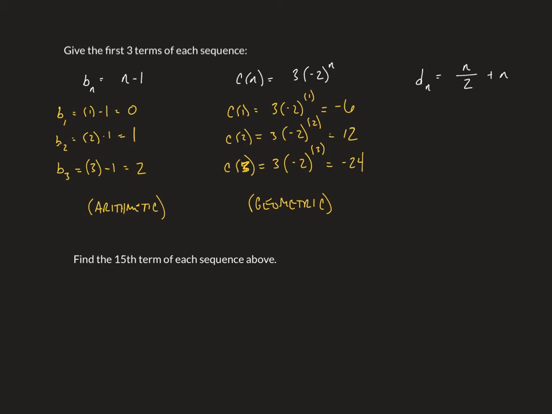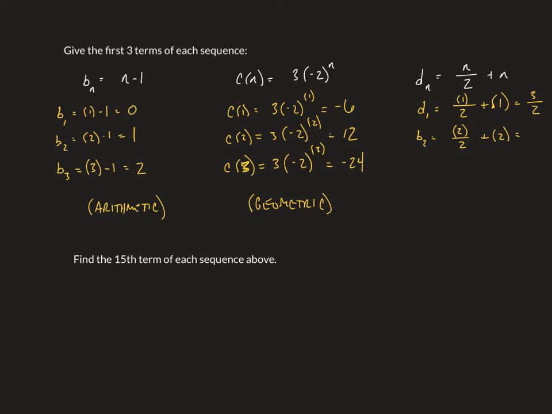Now the last one. Our first term of this d sub n sequence would be 1 divided by 2 plus 1. Alright, so 1/2 plus 1 would be 3/2 if I find a common denominator and then add those together. Okay, the second term is going to be 2 divided by 2 plus 2.